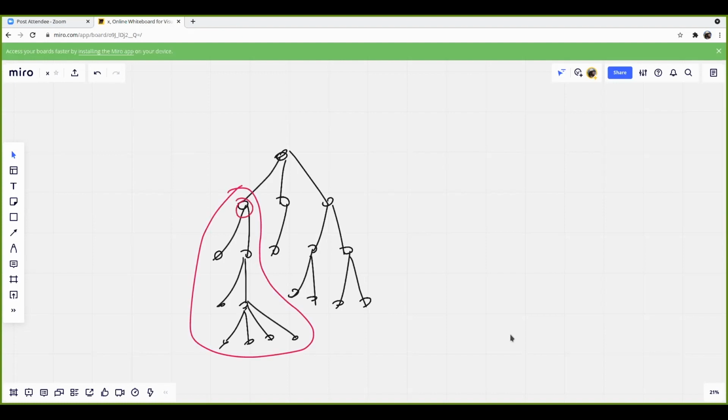Say that we take the branch of the company that has this particular employee as the boss. So everybody in this branch of the company should get a raise. They will get $100 more every month from now on. And now we would like to do operations like this on the tree efficiently.